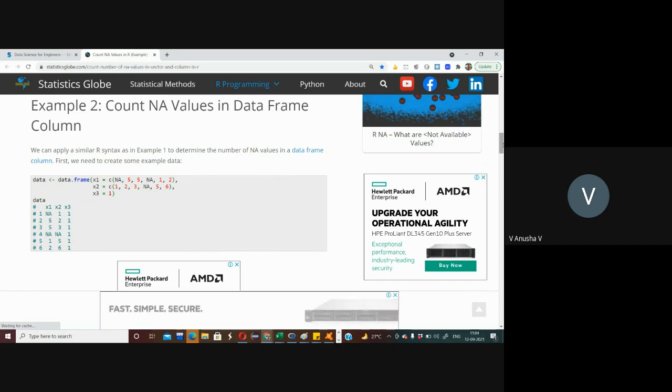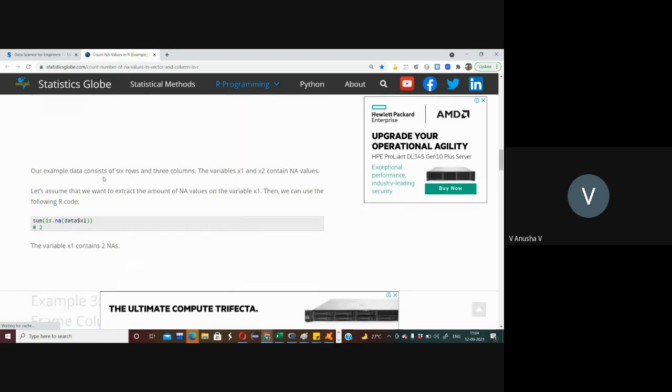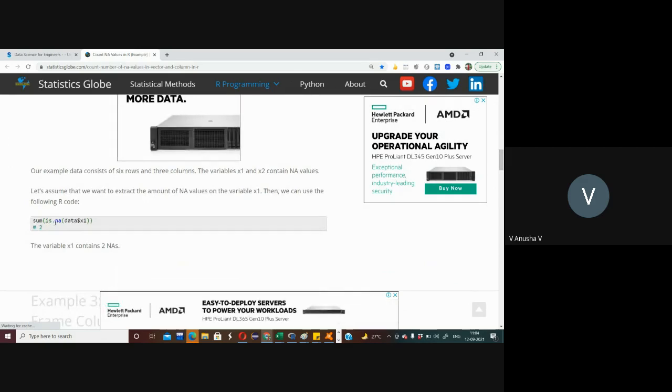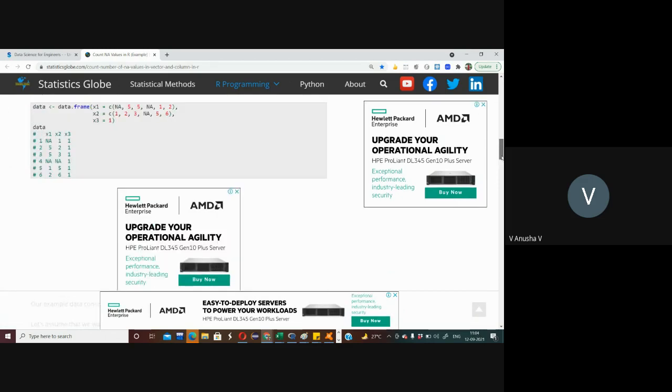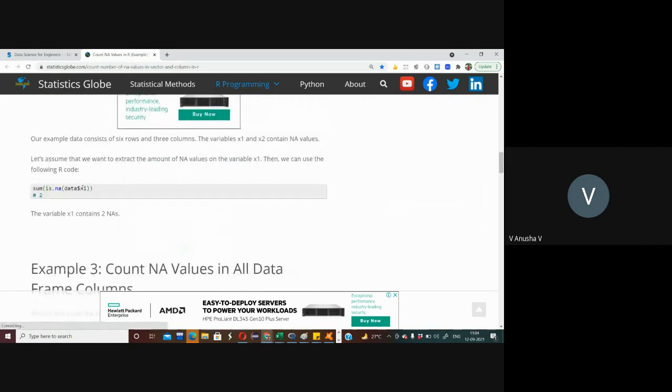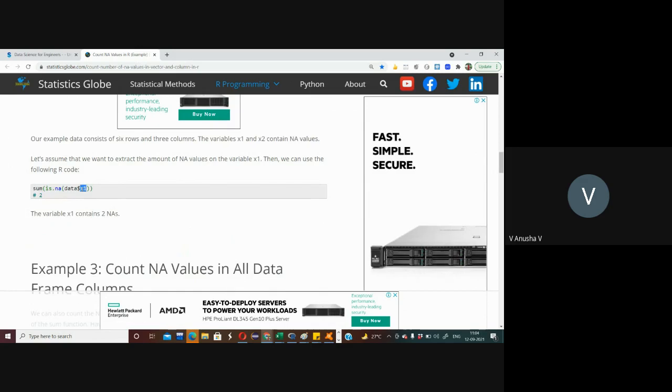This is the syntax: is.na of the data frame you are going to refer to. As you see here, the data frame they have created is stored in data, and I want to access the first column x1.